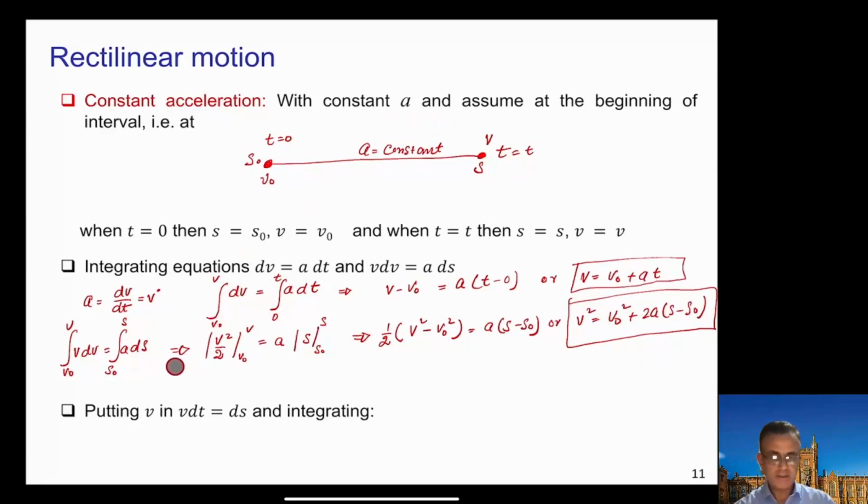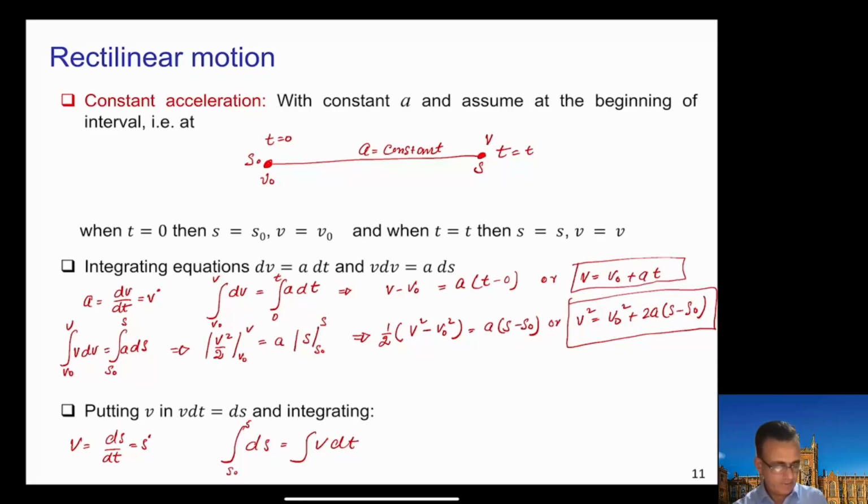And finally, we can use this equation here, that is velocity is equal to ds by dt, which is obviously s dot. If you take this equation in this form here, this will be s naught and this will be s.